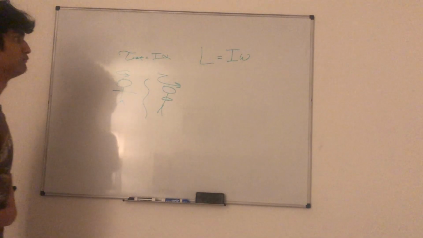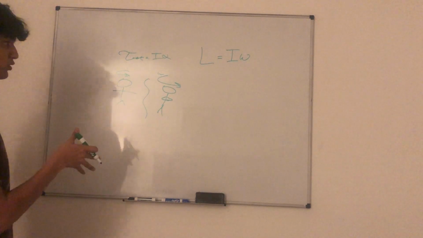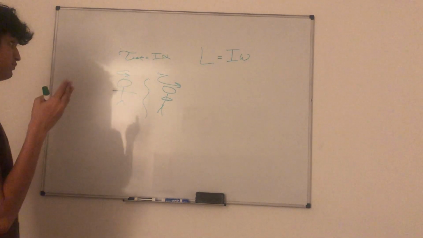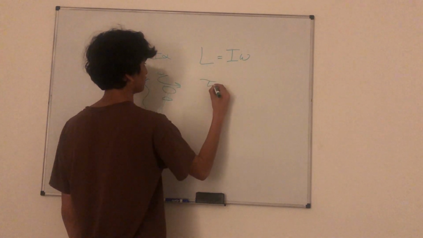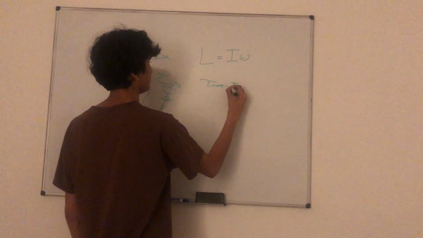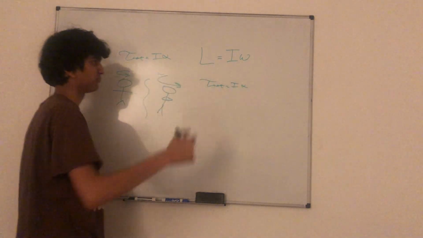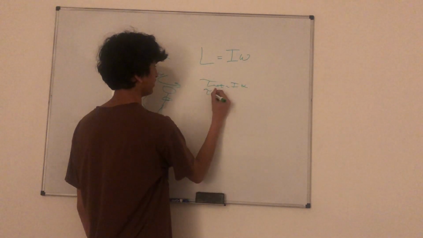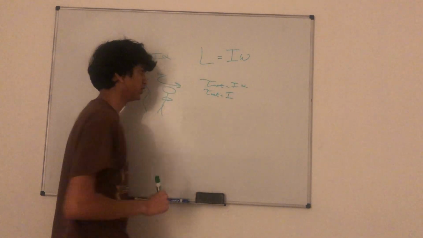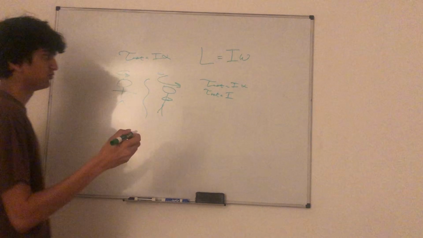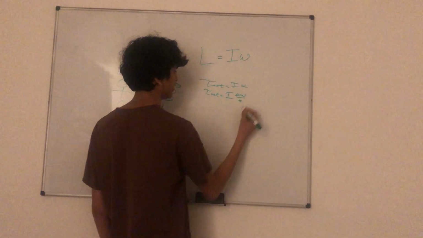If there's no net torque, let's take a look. Torque net equals I alpha. I know I said this isn't valid, but I'll talk about that. I'm just going to do some algebraic manipulation. Alpha is the same thing as change in omega over change in time.